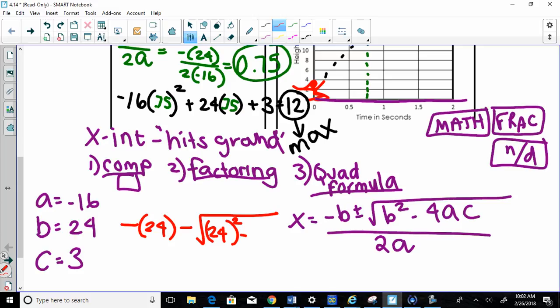Just do one or the other, you're going to do both eventually. Minus 4, and then A is negative 16, and C is 3. All over 2A. Make sure you do parentheses.